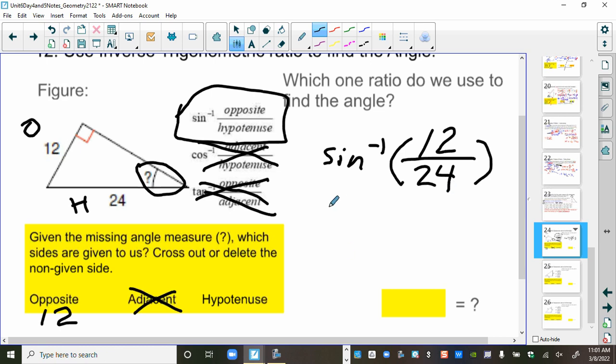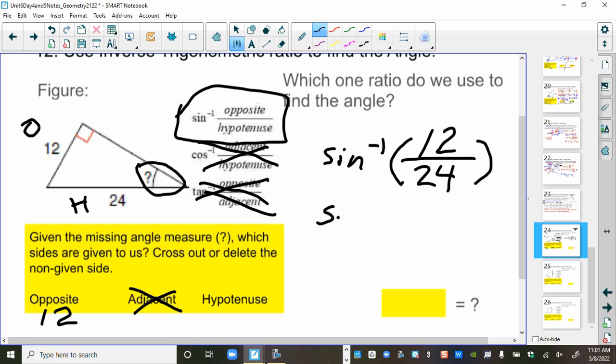And then you just type in the sine. Remember, it's second. You have to hit the second button, then the sine to get that sine with the -1. And then you type in 12 divided by 24. Close the parentheses. And then what do you get? 30. That's right, because that's a 30-degree angle.